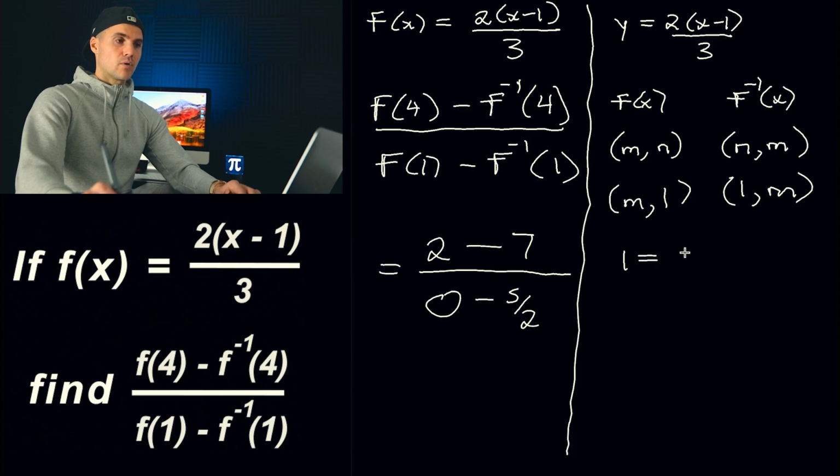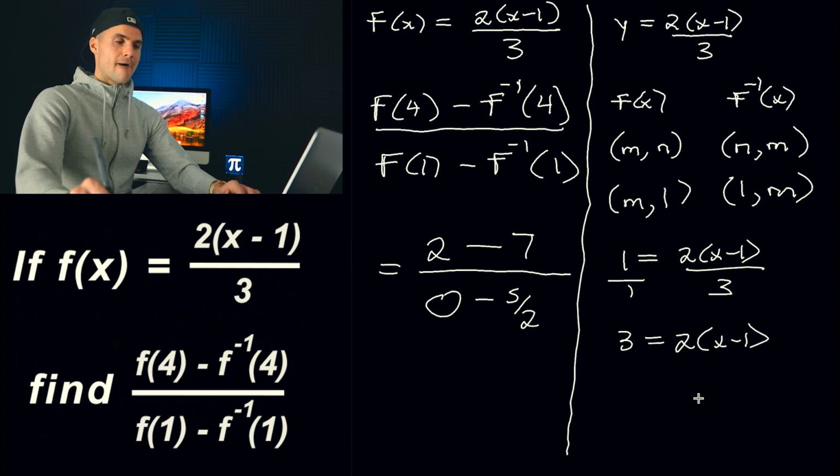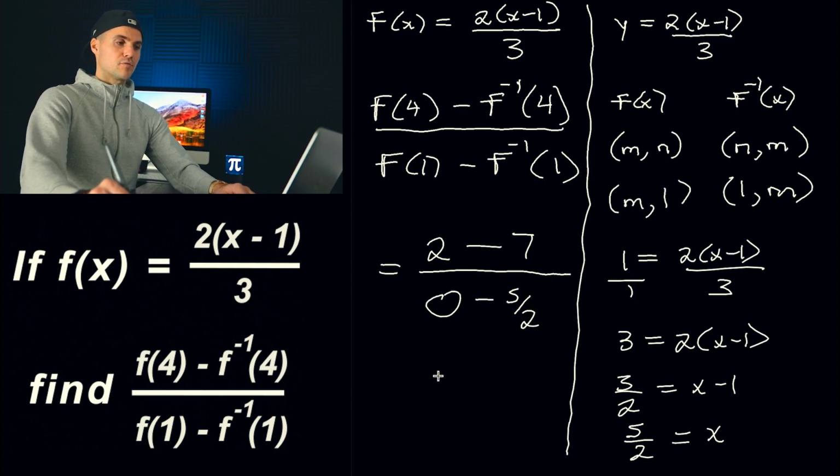So if we do that, 1 equals 2 bracket x minus 1 all over 3. Cross multiply: 3 equals 2 bracket x minus 1, which is basically 3 over 2 equals x minus 1. Bring the negative 1 over. So x would be 3 over 2 plus 1, which is 5 over 2. Exactly what we got before. So whichever way you do it, those are the inverse values.